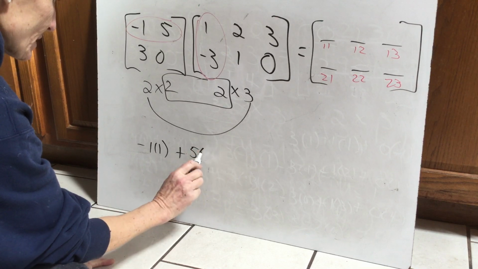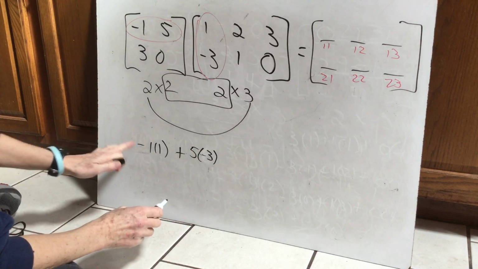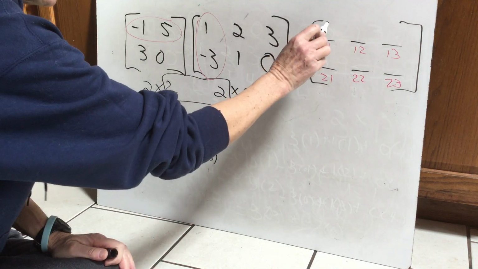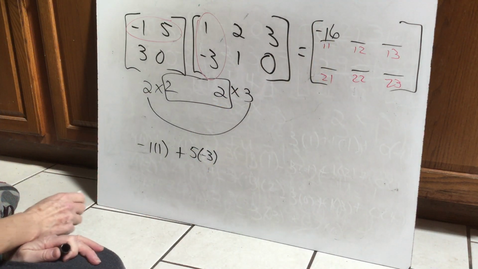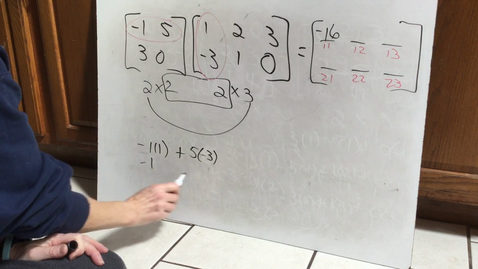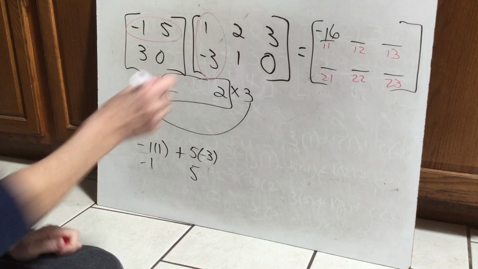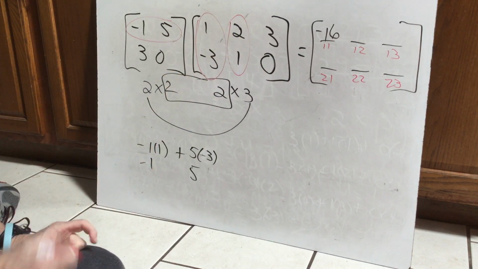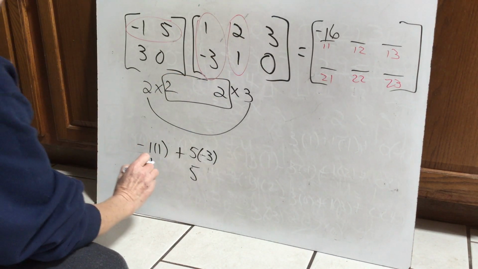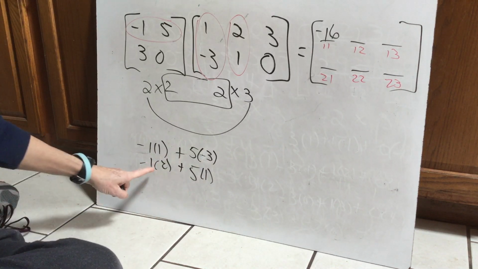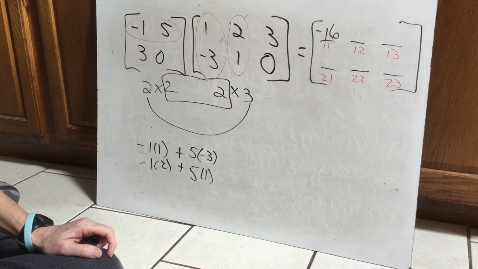So I'm going to add those together. So negative 1 and negative 15, I'm going to get negative 16 for that spot. Then I'm going to take my negative 1, 5, and multiply it times my second column, which is 2, 1. So I get negative 2 and 5.